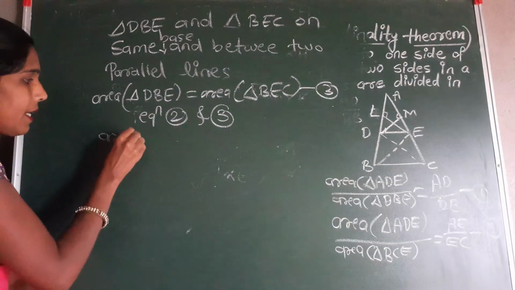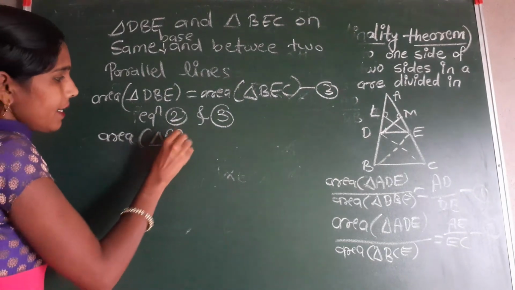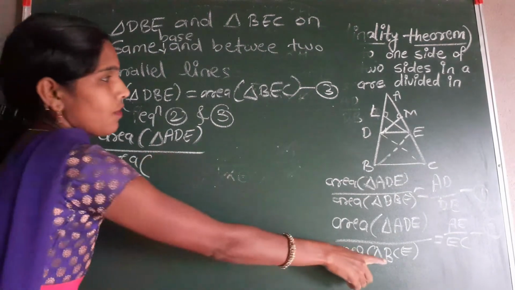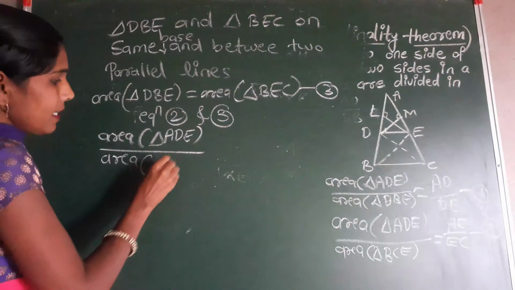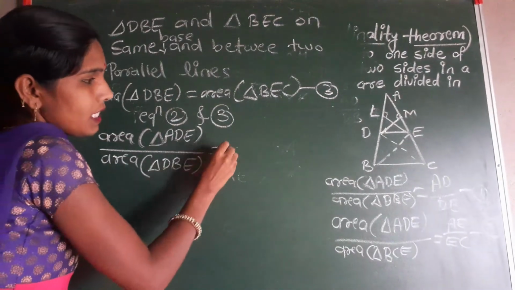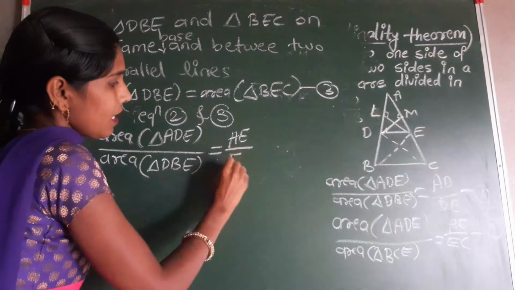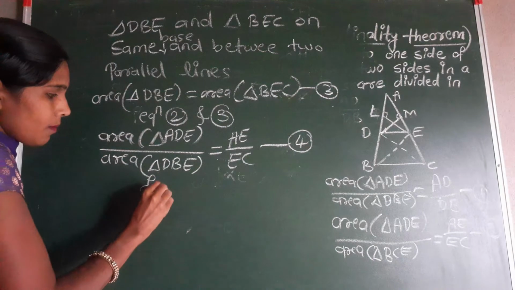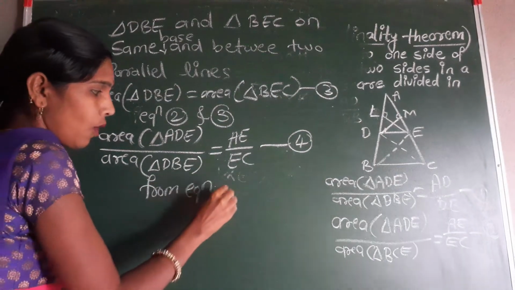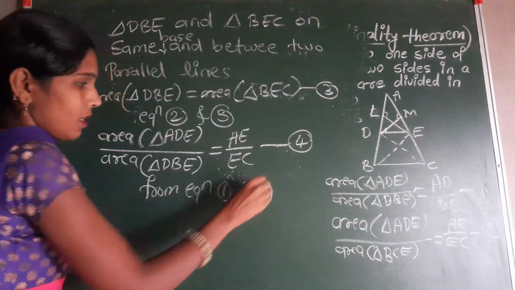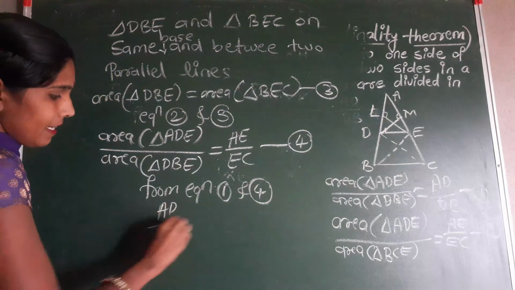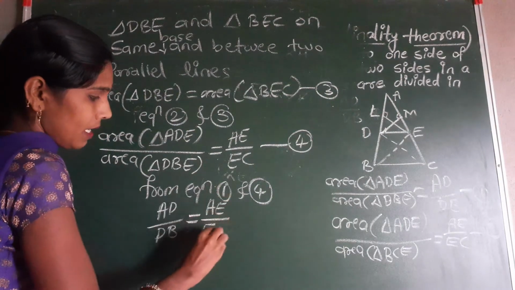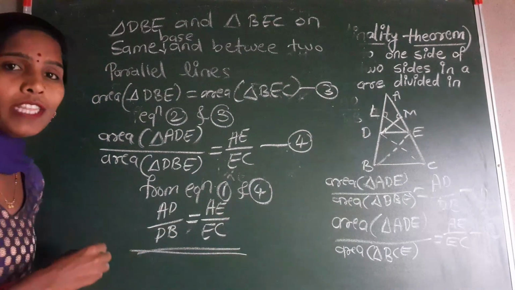So area of triangle ADE divided by area of triangle DBE is equal to AE divided by EC, equation 4. Now from equation 1 and 4 we get AD divided by DB is equal to AE divided by EC. This is our proof of this theorem.